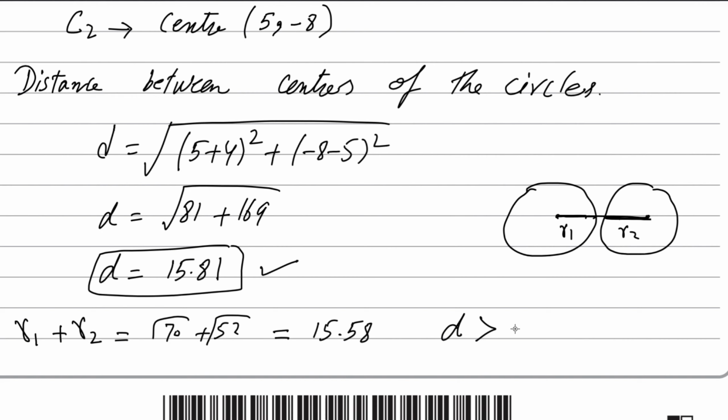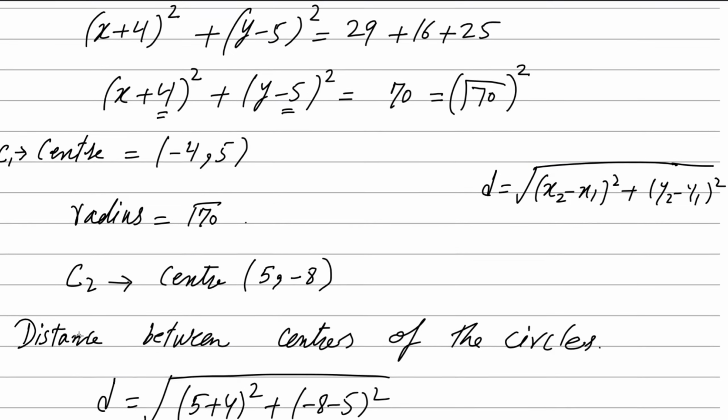Distance is greater than R1 plus R2. This implies that this distance is greater than that. If this distance between the centers is greater than the sum of the two radii, it means they are not touching each other. They are not intersecting each other at any point.